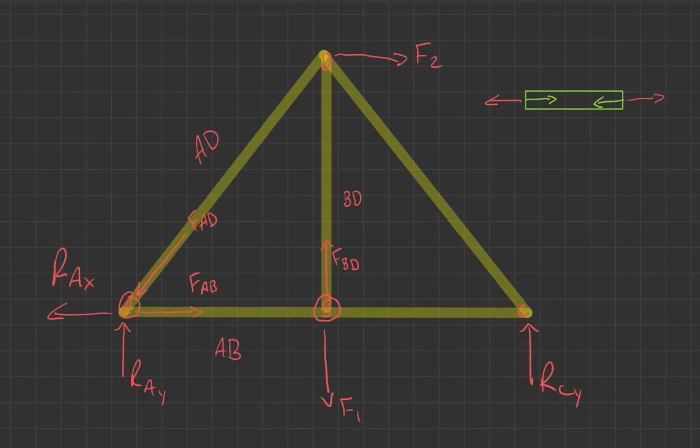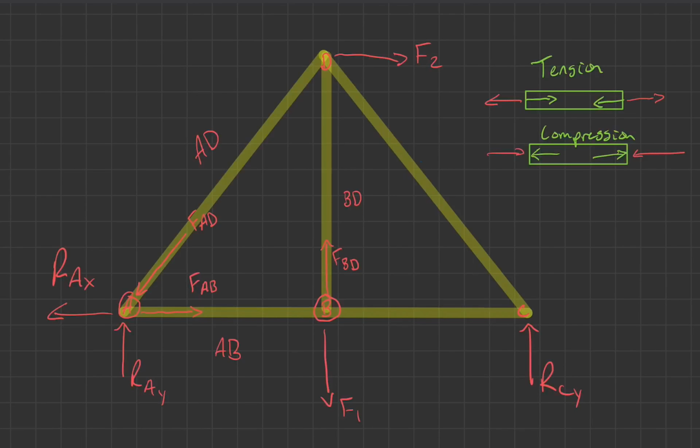Same thing if I did that the opposite way. If I have a member in compression, which means that I'm pushing it together, internally it's going to respond by trying to push itself apart. So this first one is tension, and the second one is compression.